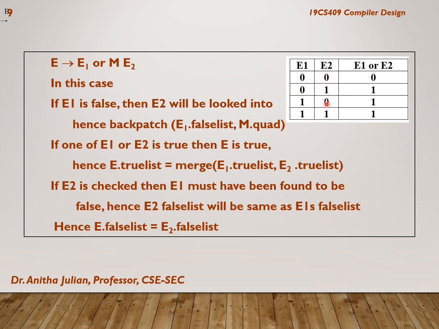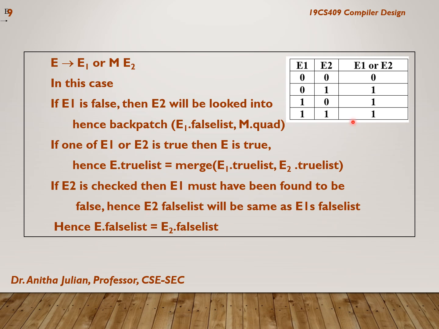Now we are going to check the next quad information. So we are saying backpatch of false list. Now if any one is true, we know very well from the truth table, if any one of them is true, the answer is going to be true. So that condition is the true list. We are merging E1 true list and E2 true list. So if any one of them is true, the value will be true.